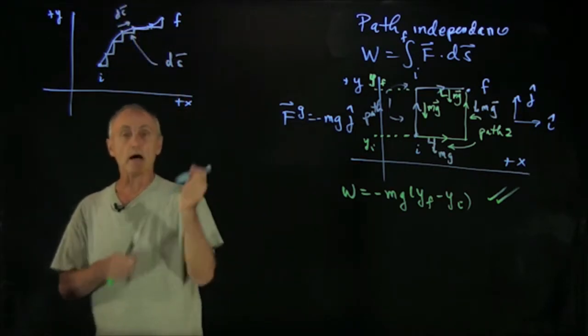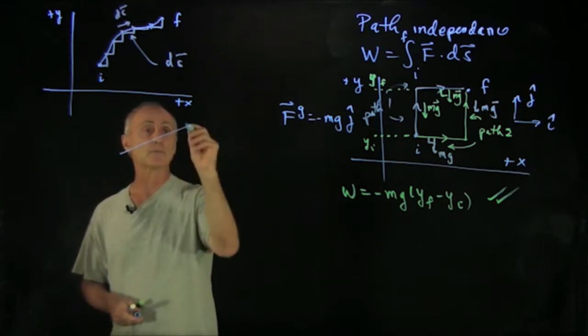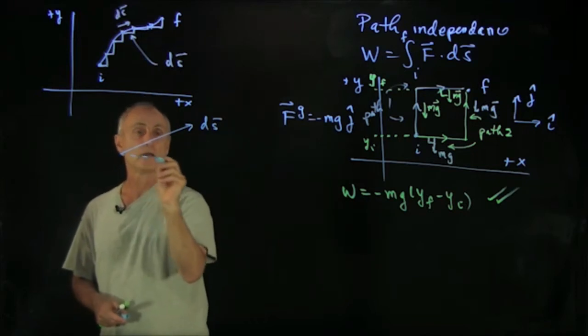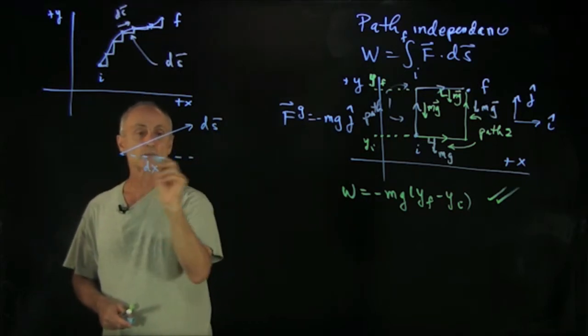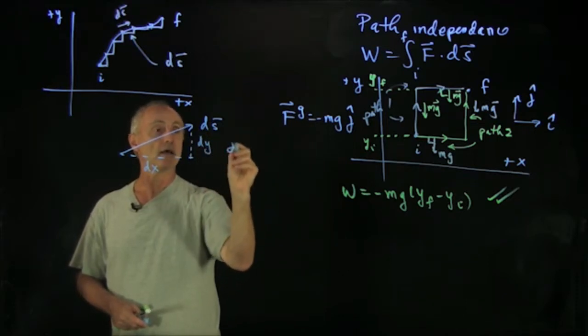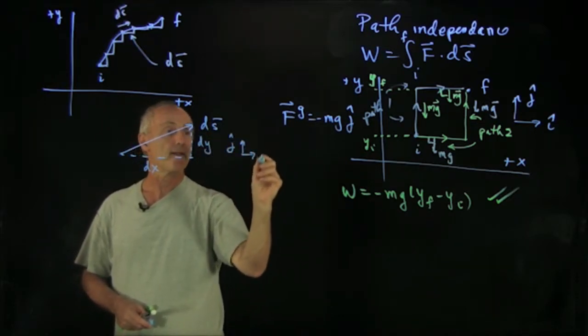Now, if we blow that up, so we have our displacement ds, then what we have here is a displacement dx in the horizontal direction and dy in the vertical direction.